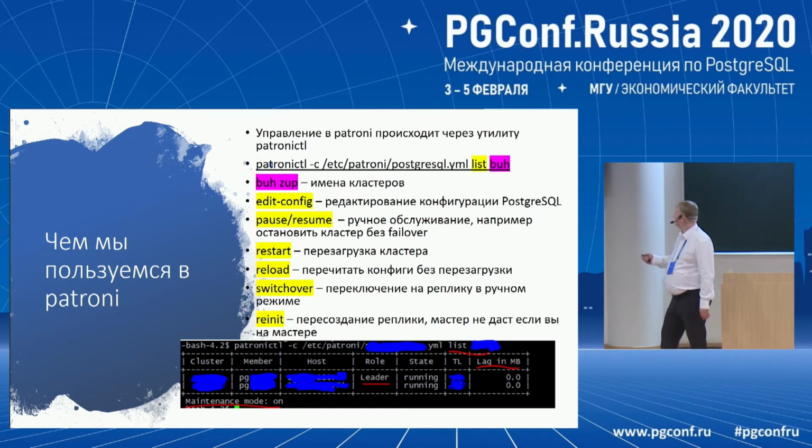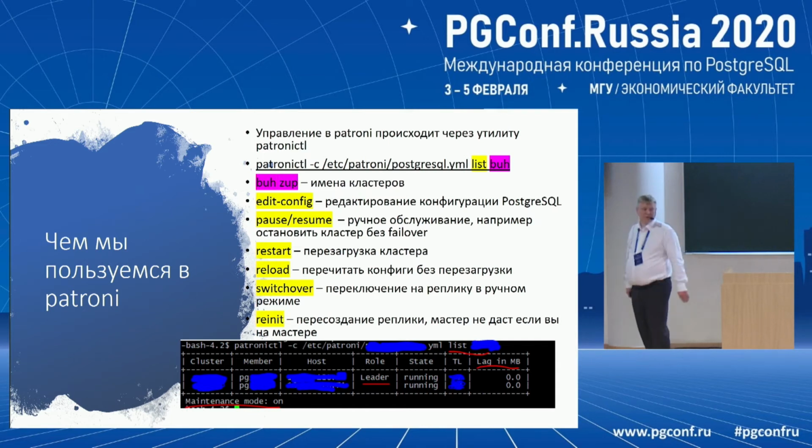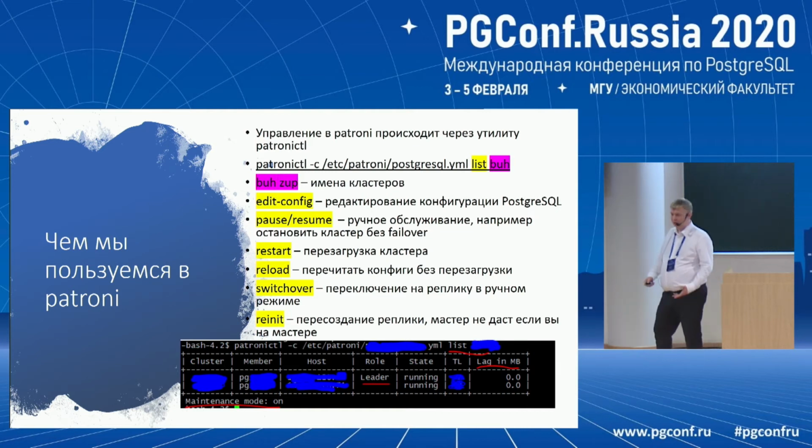It can actually restart it automatically at night, and we can also do it manually. So we can specify the restart command, and after some time, if we do it manually, not by the scheduler, the cluster will be restarted. We also use reload.